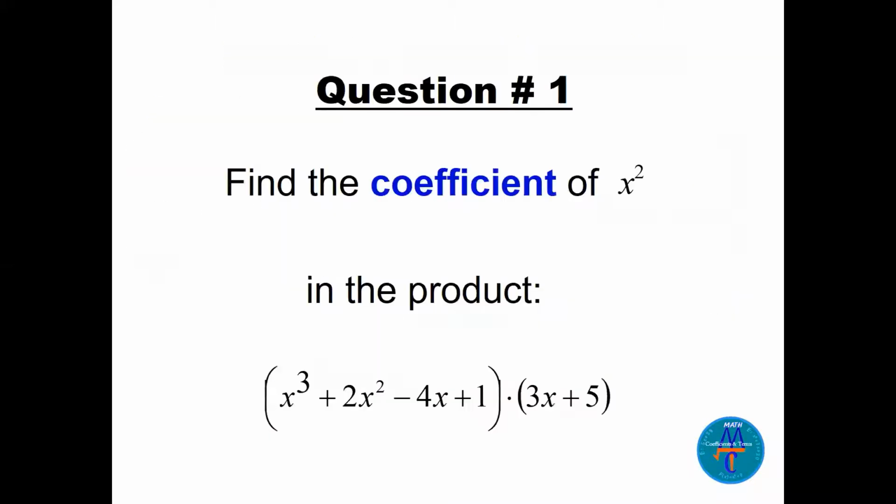Question number 1: find the coefficient of x squared in the product of this one times this one. Let me tell you 2 things, please.